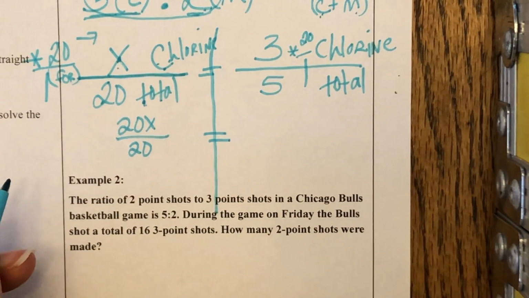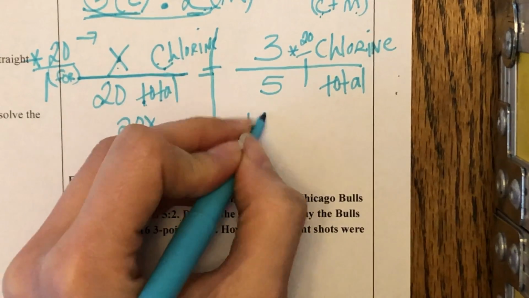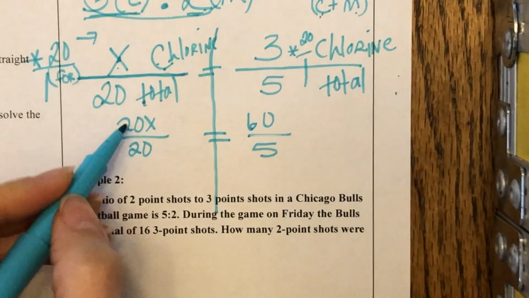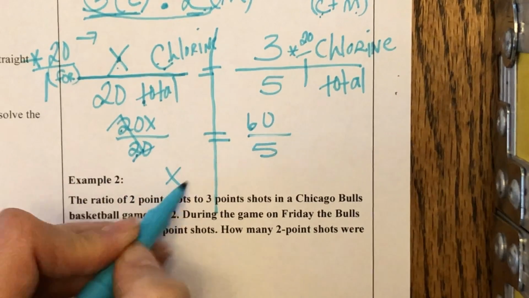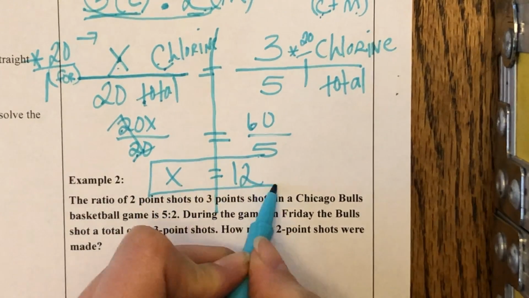Equals, drop it down on the right, in the middle. You knew what I meant. 3 times 20 is 60. 5 times 1 is 5. Now on the left side, I have 20 divided by 20. I can get rid of that because that equals 1. So now I have x equals 60 divided by 5, which is 12, and x equals 12.